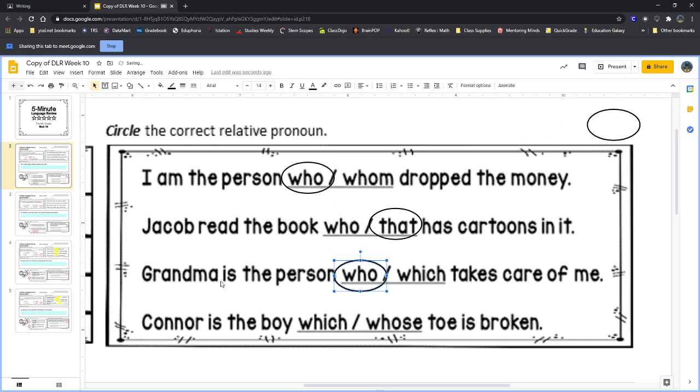Because we're talking about a person, talking about grandma. Okay. Connor is the boy blank toe is broken. Connor is the boy which toe is broken, or Connor is the boy whose toe is broken. Jadine, what do you think? Whose toe is broken? Because the toes belong to him. They're not asking which one of your toes is broken, like they're looking at his foot and trying to figure it out.